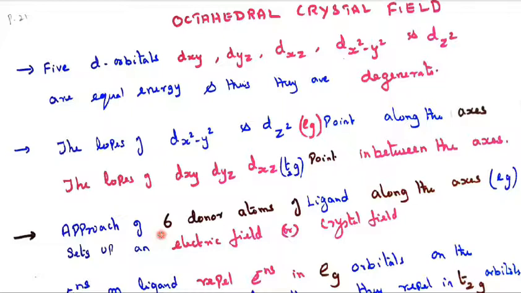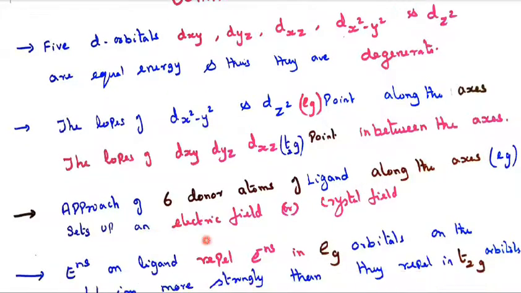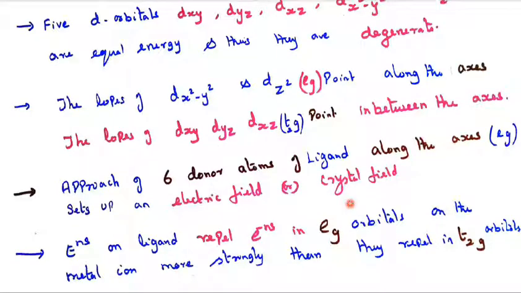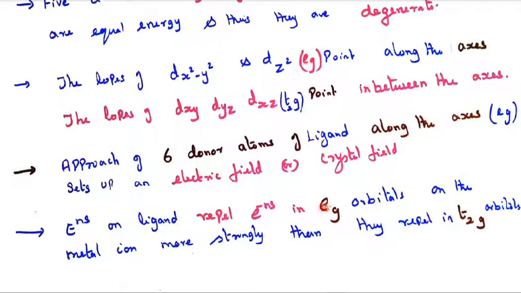When the six donor atoms of the ligand approach the metal orbitals, the degeneracy is spoiled and the orbitals split into two sets, Eg along the axis and T2g, and set up the electric field that is called crystal field. The electrons repel the electrons.